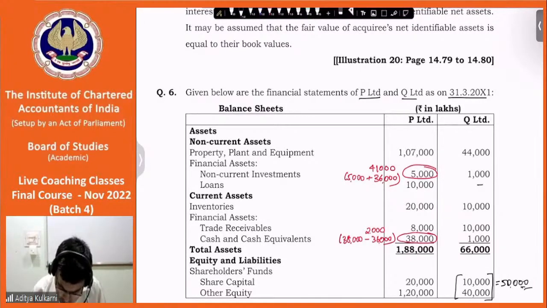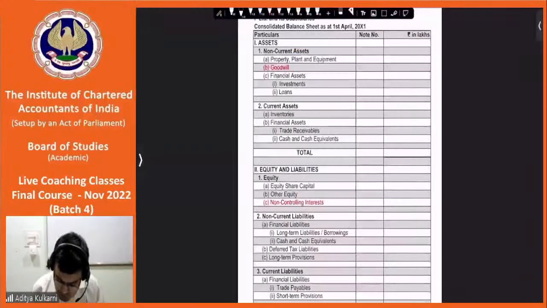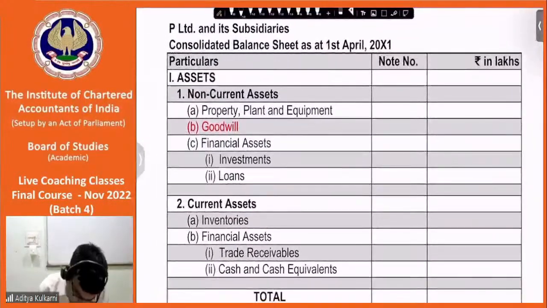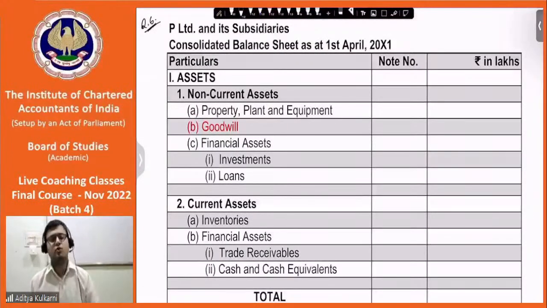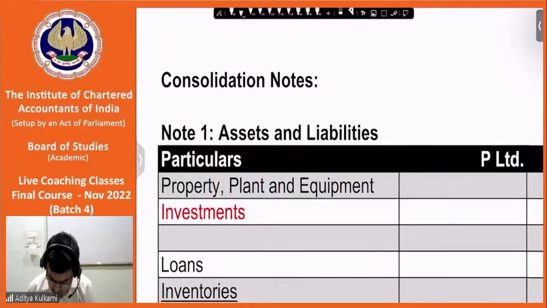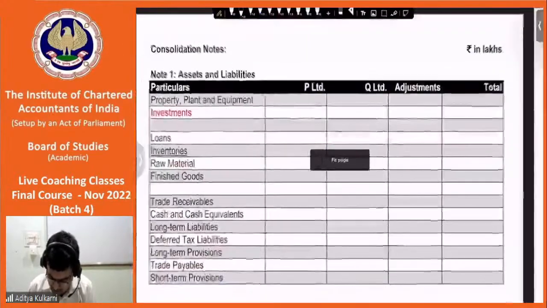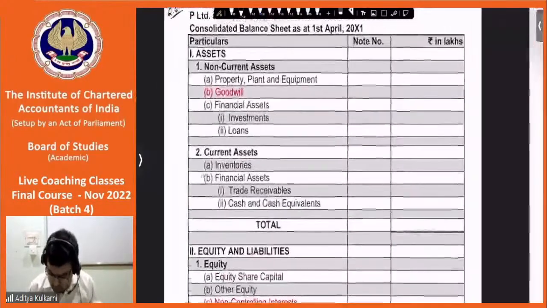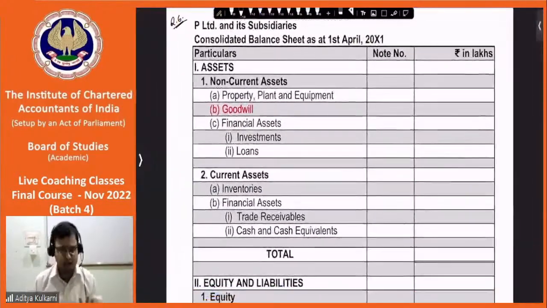We shall now come to the solution. So now come to this format which I have shared with you. This is question number 6. Okay. So now let us talk about the first step. The first step is to prepare the balance sheet in Schedule 3 format. I have prepared the balance sheet for you.